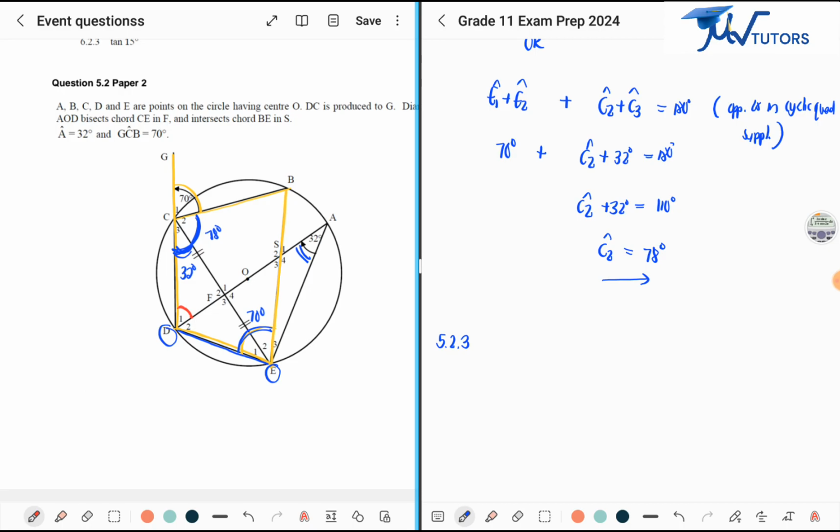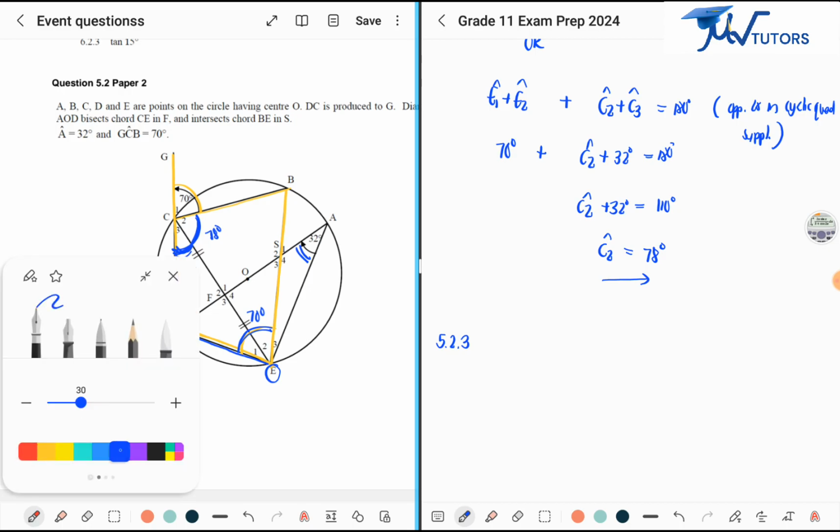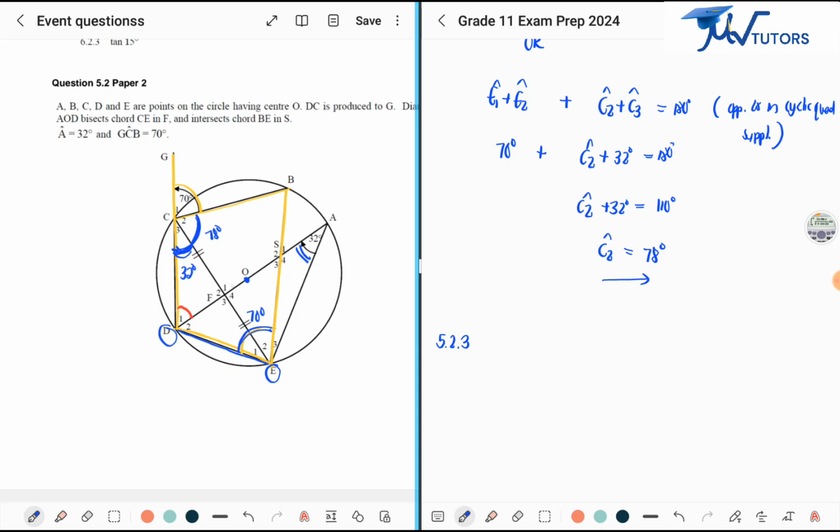Now, remember, we said a line from the center to a chord bisects the chord, and it is also perpendicular to the chord. So we can then say F2 is equal to 90 degrees.